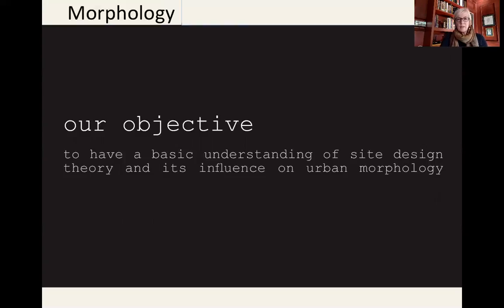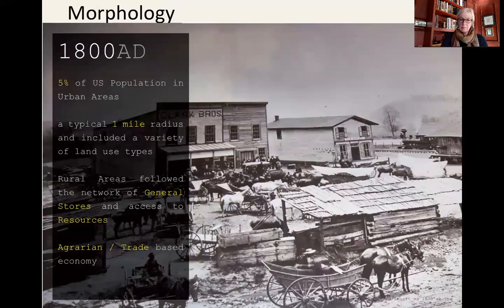Our objective in these two videos is to get a basic understanding of site design theory and its influence on urban morphology, and also what have been those catalytic economic, social, and environmental influences that have caused our cities to be the way they are. So we're going to look at the 19th, 20th, and 21st century. I think that's a good place to get started.